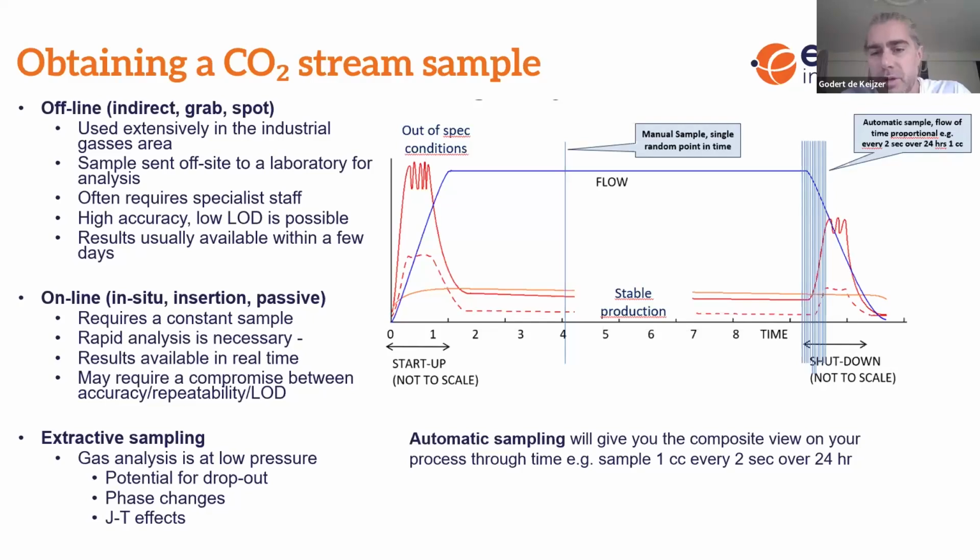And it's probably a combination of the two that you need, because one is the offline analysis, and you see that to the right quite nicely. You can see you've got in-spec normal production where things might not be fluctuating, but due to the effect of shutdown or startup conditions or changes in a factory or in a production facility, you can have times that you are out of spec.